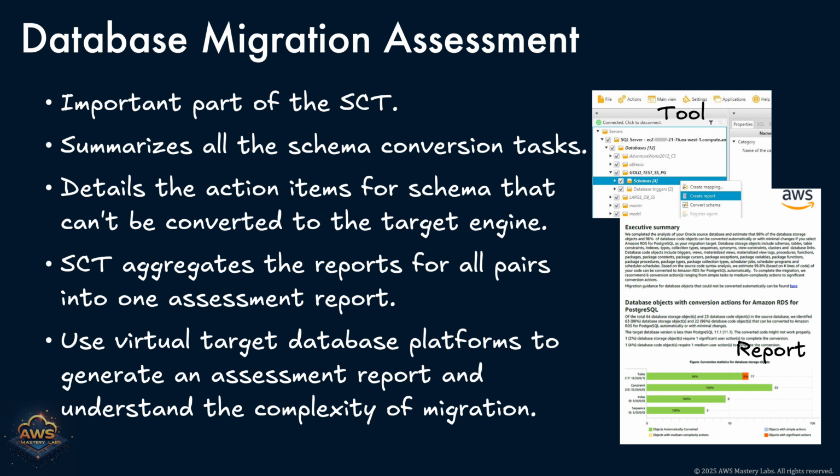This report gives you a detailed summary of which objects can be automatically converted, and more importantly, highlights areas that require manual intervention, such as unsupported data types, functions, or proprietary SQL logic. You can view this report directly within the SCT interface or export it to CSV or PDF, making it easy to share across teams or archive for documentation.